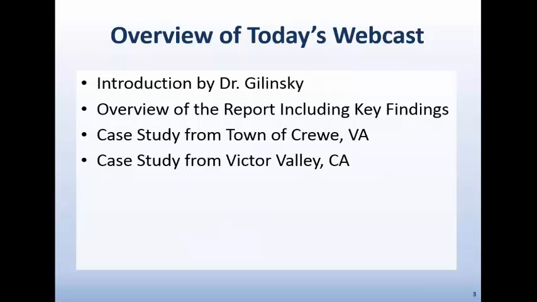During this webcast, we will highlight EPA's recently released draft report, which showcases a number of communities that were able to achieve better nutrient treatment at wastewater treatment plants through relatively low-cost modifications without requiring costly infrastructure upgrades. The webcast will give listeners a broad overview of the report and will highlight two of the case studies in Crewe, Virginia, and Victorville, California.